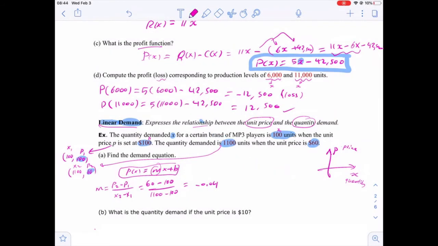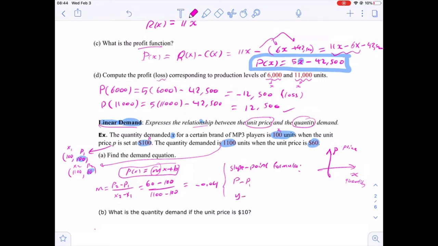Now, after that, we apply the point-slope formula to find the equation of the linear function. So we have p minus p1.